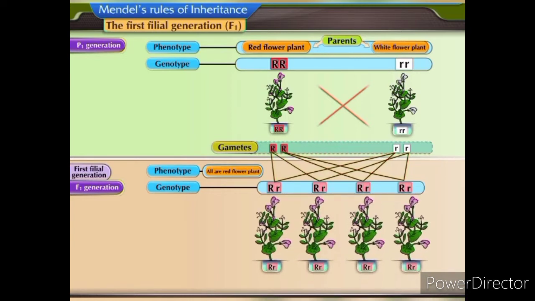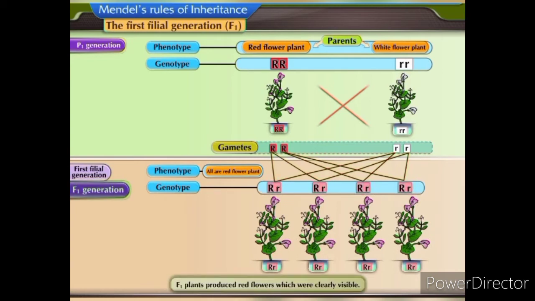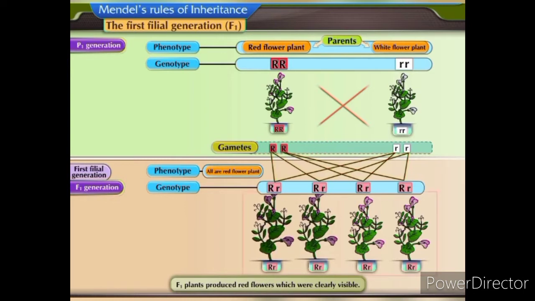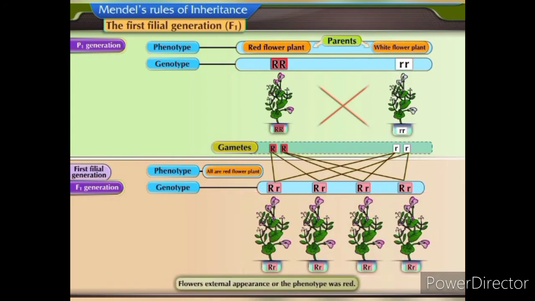That is, their genotype was capital R, small r. These F1 plants produced red flowers which were clearly visible. That is, their external appearance or phenotype was red. Thus, these F1 plants are phenotypically red, but genotypically hybrids with a combination of capital R, small r.